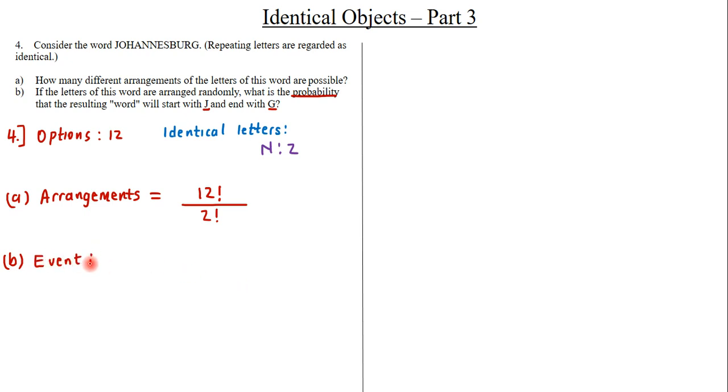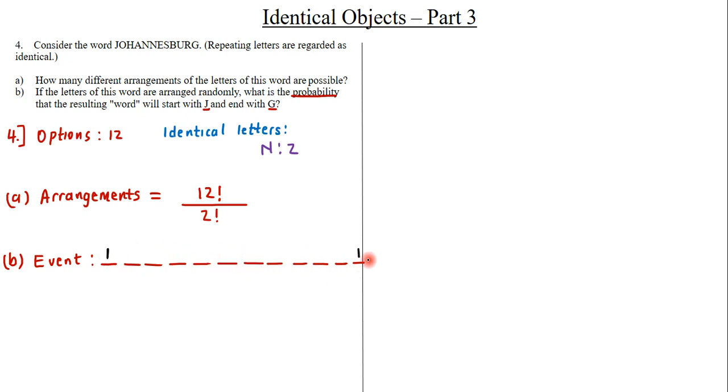Just like we did in the previous video, let me write the spaces 1, 2, 3, 4, 5. Because the first must be J and the last must be G, we only have one option for J and one option for G. After that, we can put any letters.